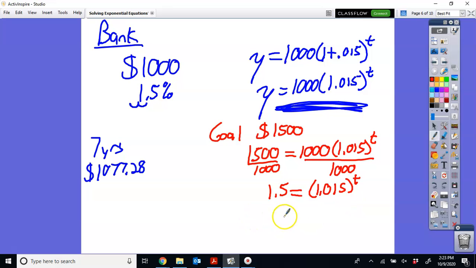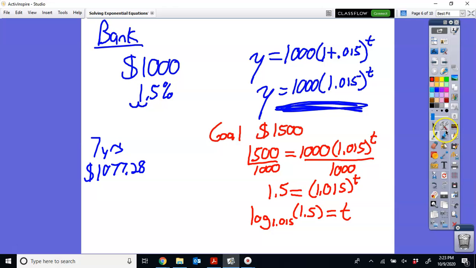You actually write the word log, and then you put the base over here. You have 1.015. That's the base number. Inside the logarithm, you put the number you're trying to find, the answer, so to speak. But then the answer to this logarithm is going to actually be the value for t.